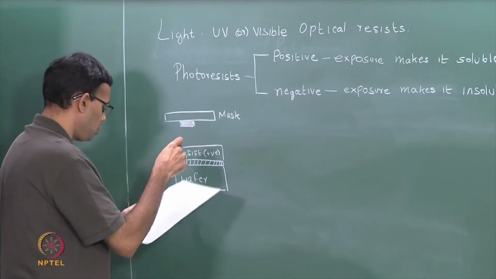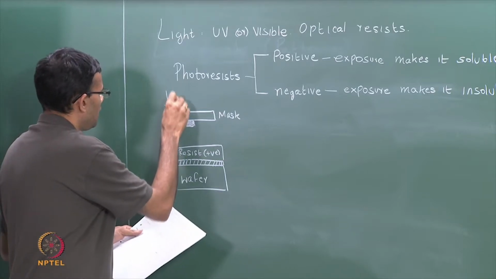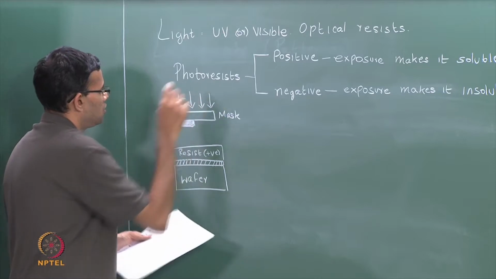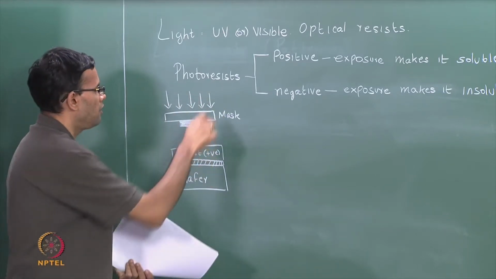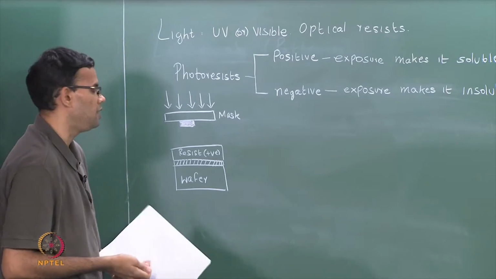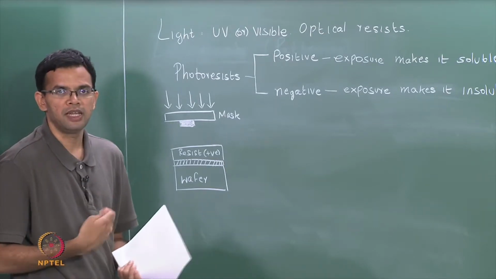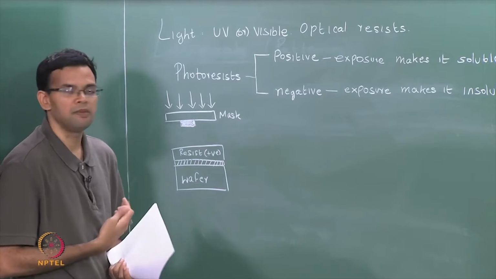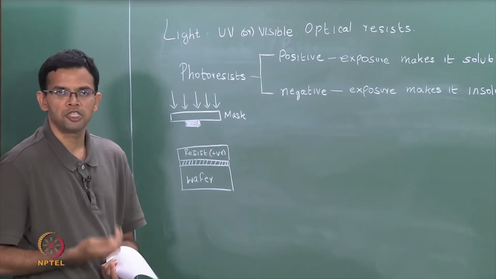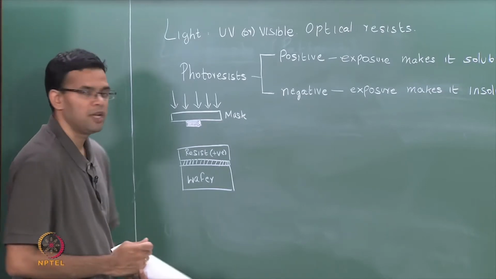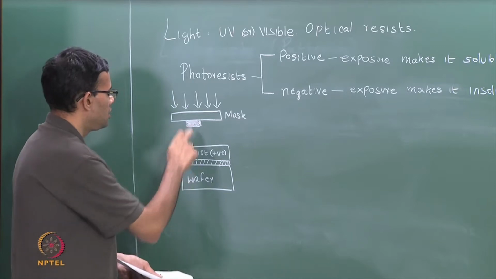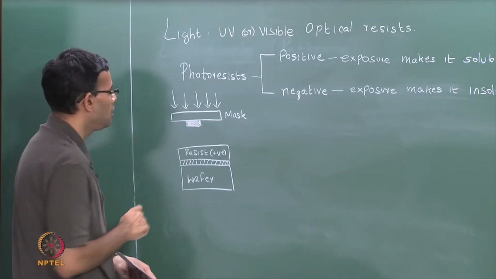So we have a positive photoresist and we expose the photoresist through the mask. So we have a specific UV light or a visible light of some wavelength.